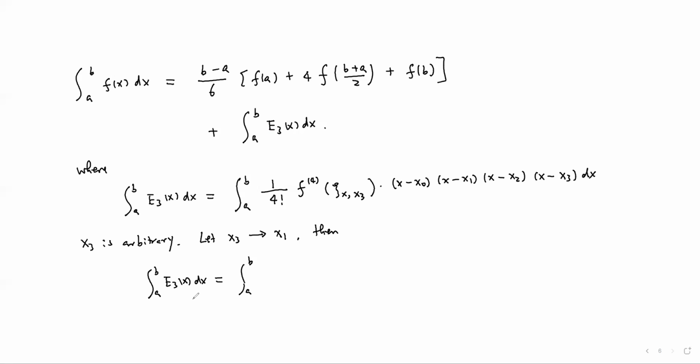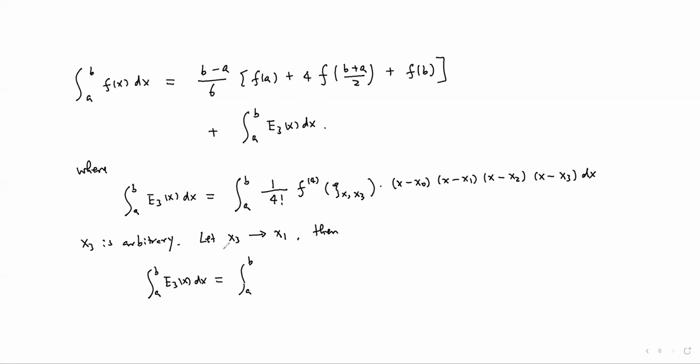This is a constant, because if you take a look at this equation, this integral is a constant and also this term is a constant; it doesn't depend on x3. So therefore, this integral, a constant, doesn't depend on x3.